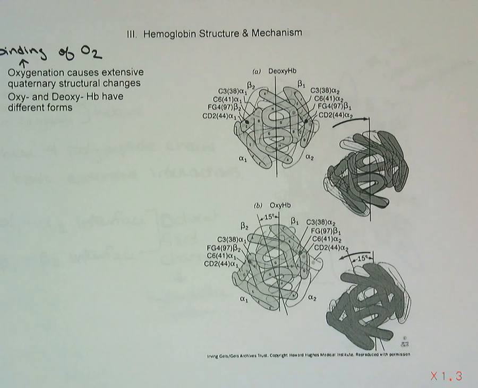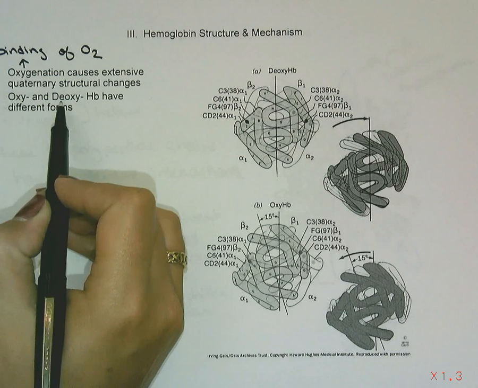There are going to be two quaternary forms that are different for hemoglobin: oxyhemoglobin and deoxyhemoglobin.